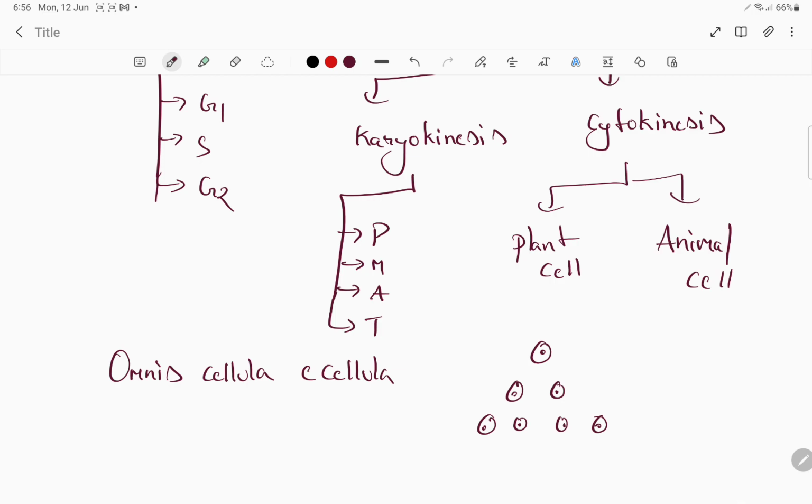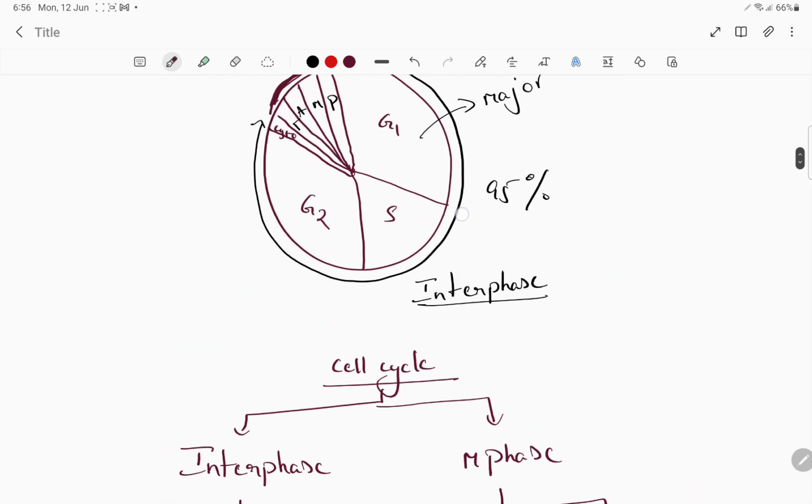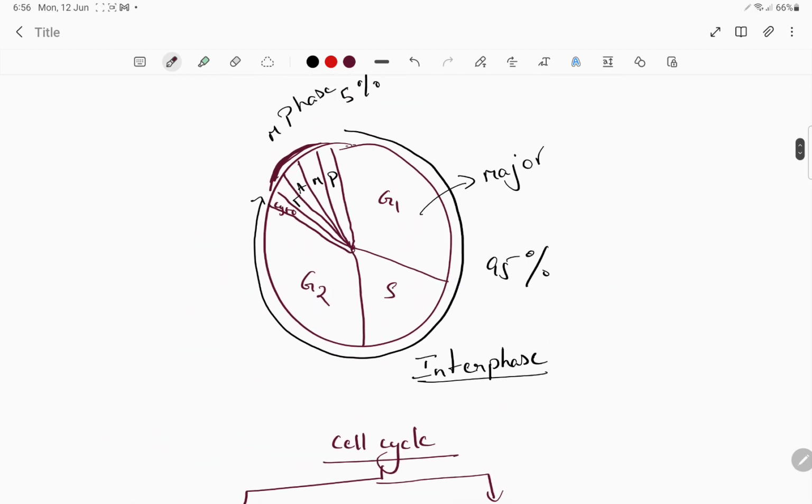This is the only place where you can see division and multiplication being the same. This cycle of growth and division is known as the cell cycle. It takes place in a controlled, coordinated way, controlled by genes and factors as usual. These are sequential events, from the time of formation up to its own division into two daughter cells.